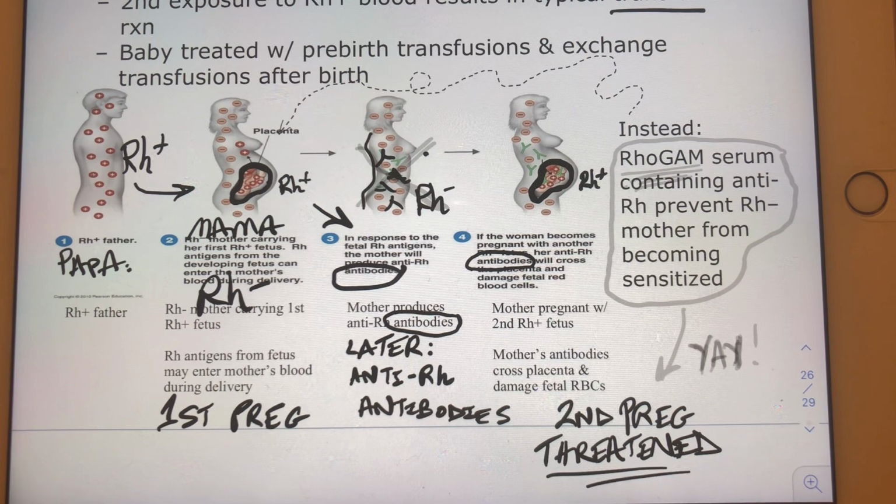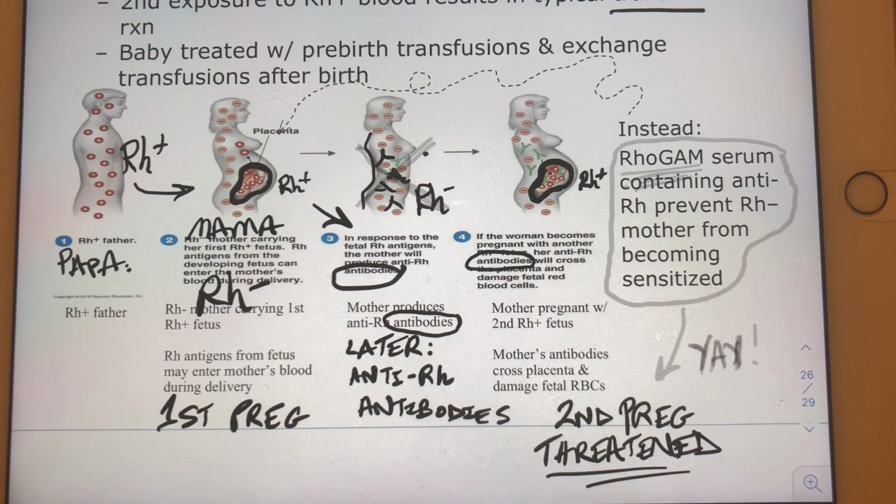Okay, so what do we do about this? Well, at least in the U.S., when a pregnant mama visits, hopefully on a regular basis, the doctor, we very early on sample Mama's blood and find out what her Rh group is. Is she Rh positive?